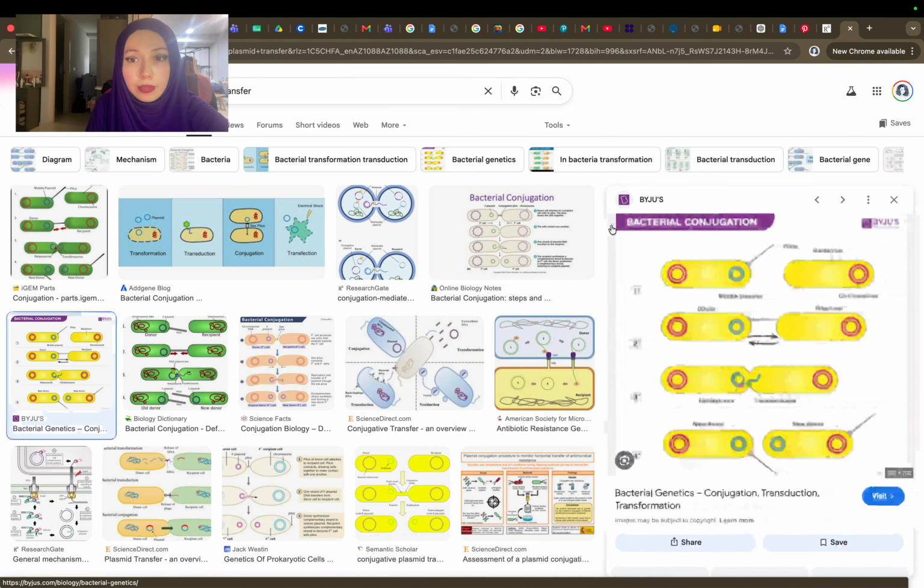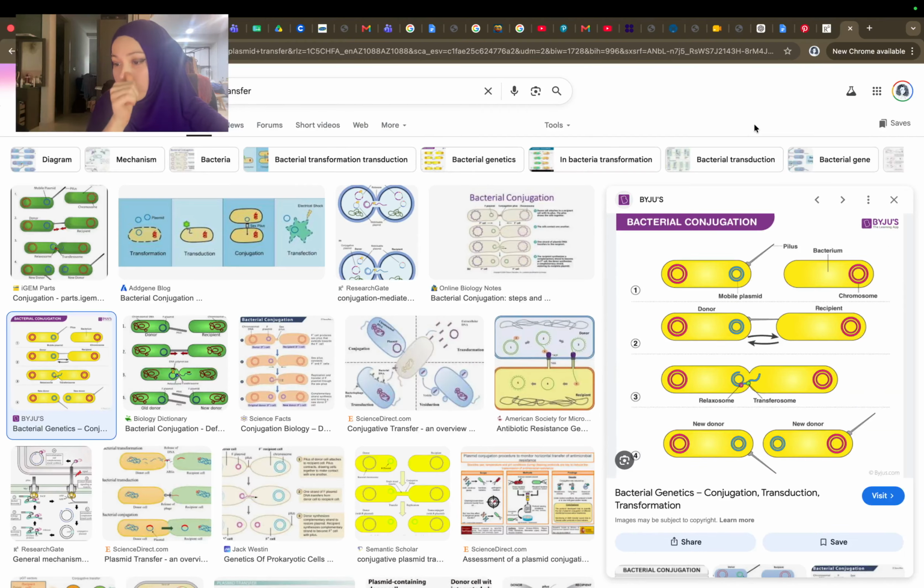Okay, let's look at this one. So the donor forms a pilus, and the pilus connects the donor to the recipient, and plasmid DNA transfers.